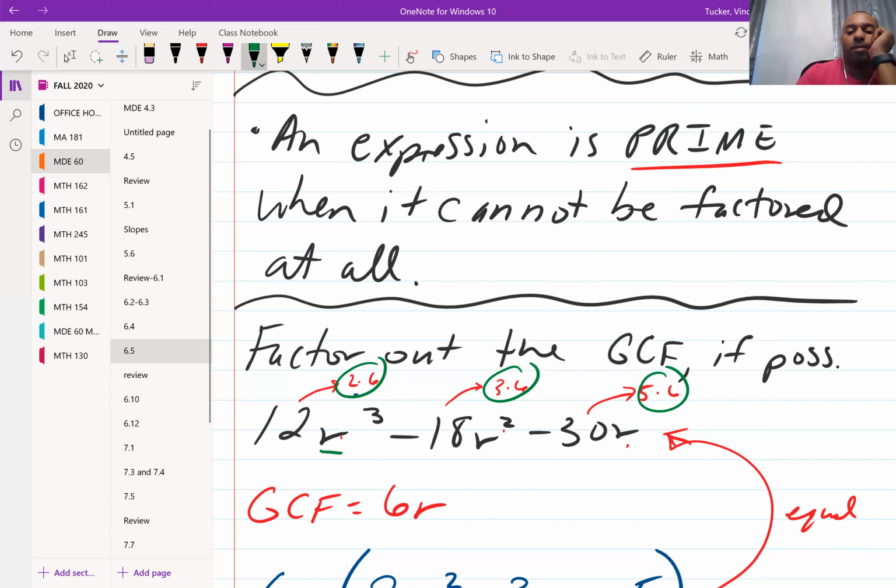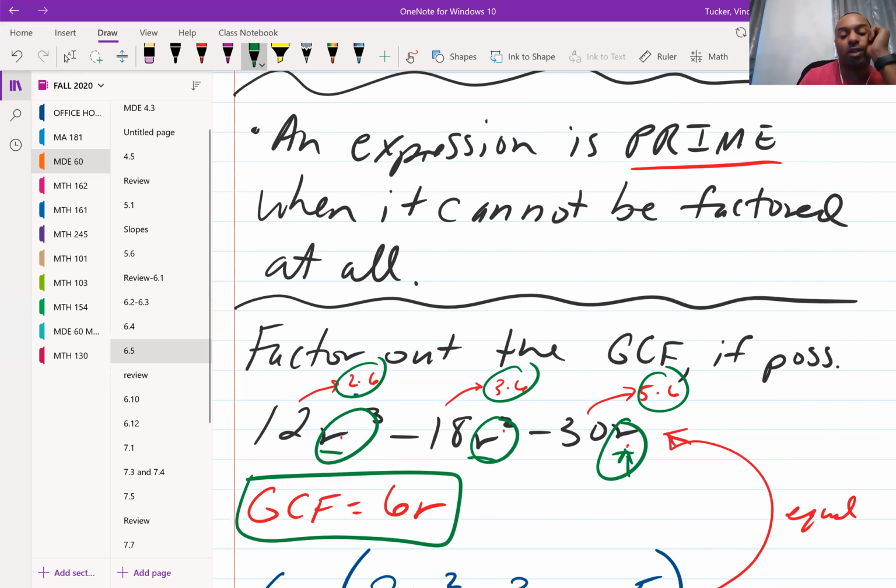Then when we look at how many r's we have in each, notice the most that I have is 1 r in that last term. So I can't pull out more than what I see in all of the terms, right? I have 3 r's here, 2 r's here, and 1 r here. So the most I can pull out of all three is just the 1 r. So that's how we got the GCF being 6r.